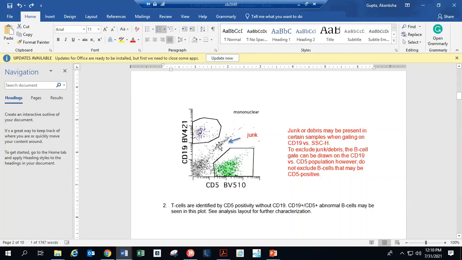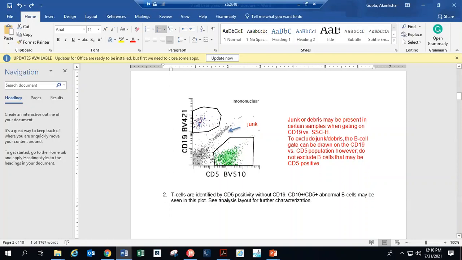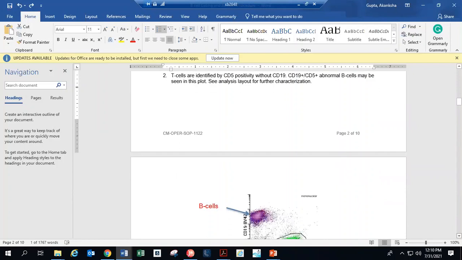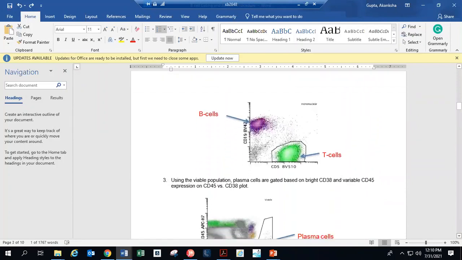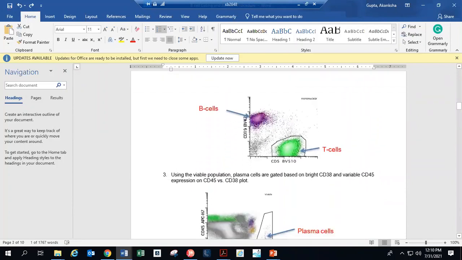There's junk that comes in between these two, and you have to exclude the junk or debris that comes in between. However, it's different in different labs, and not every lab might have that. So again, the B cells and T cells that they have shown, and the junk that comes over here.